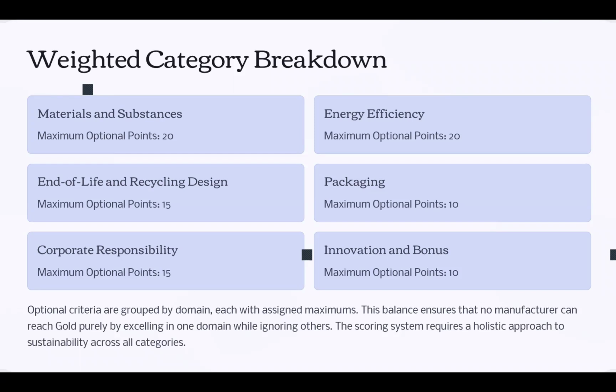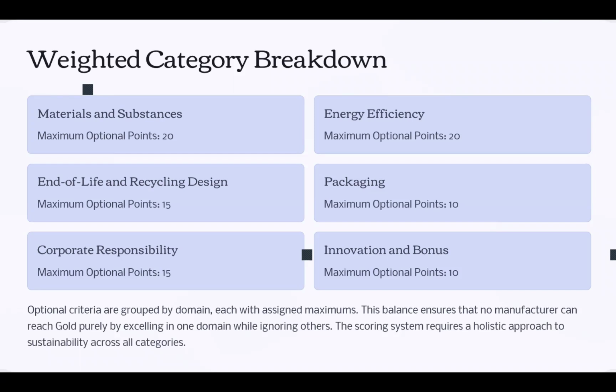This basically rewards products that are easier to disassemble, repair, or recycle. We have packaging, which has a maximum of 10 points, and products earn points for using recycled packaging and avoiding things like plastic foams.